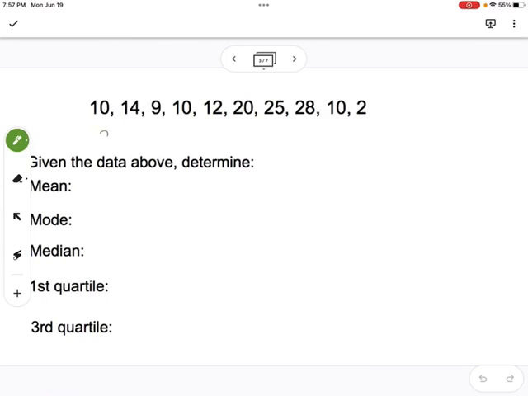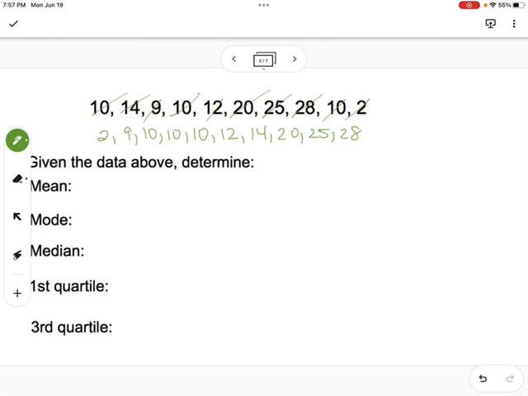So our numbers are going to be 2, 9, 10, 10, 10, 12, 14, 20, 25, 28. Okay, so once they are in order, we can find all of our values here.